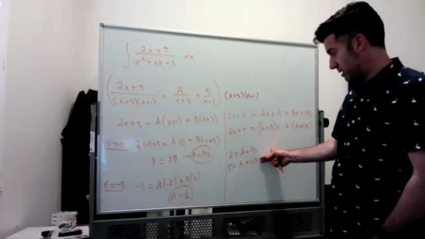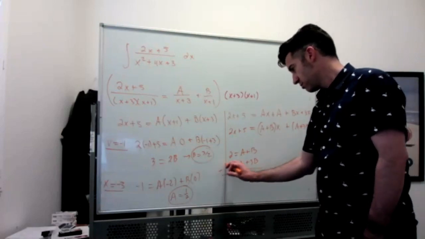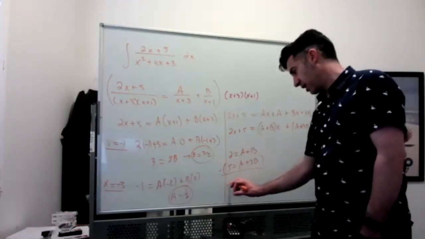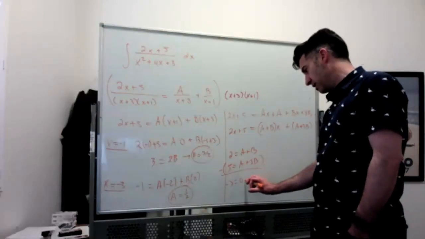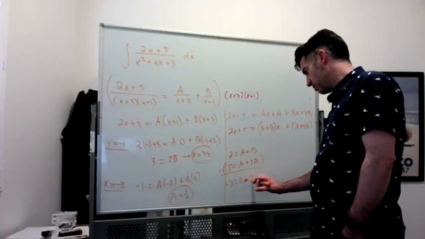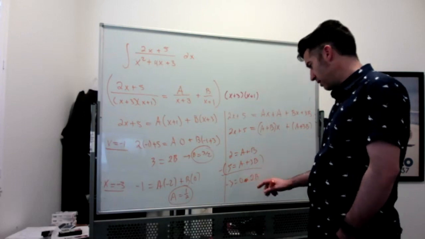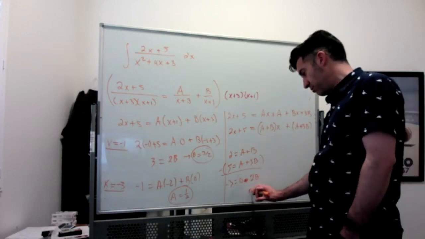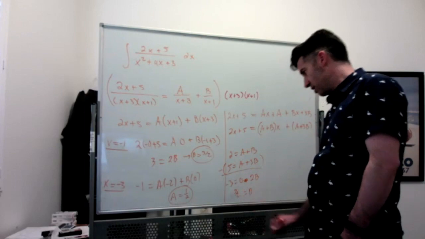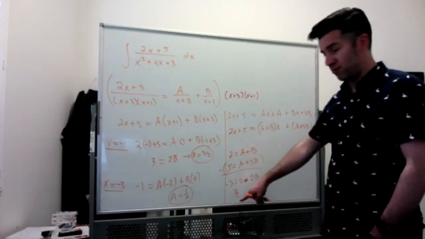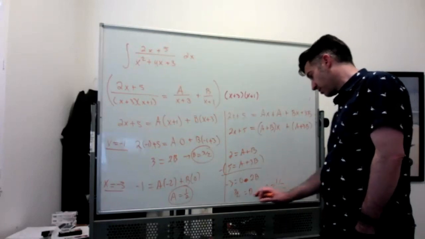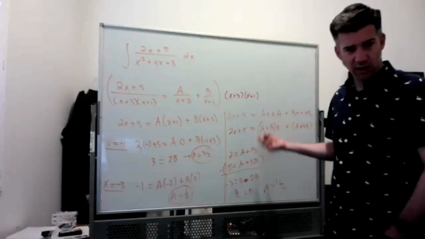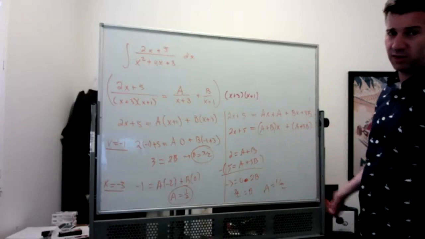If you do this minus this, 2 minus 5 is -3, a minus a is 0a, b minus 3b is -2b. And then divide by -2, you get b equal to 3/2. And then if a plus b equals 2 and b is 3/2, a has to be 1/2. This feels like a little bit more work in this particular situation, but sometimes equating coefficients is super powerful.